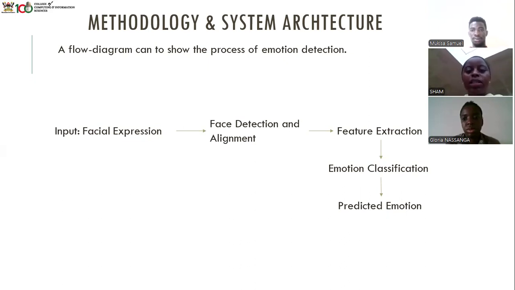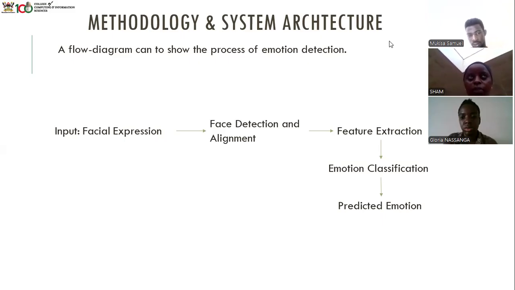Explaining the methodology and system architecture. For our system, the input would be the facial expressions, whereby the system feeds the psychological state into the system. Like it can look at the brain activity, then relate it to maybe the heart rate, the stress levels, so that it's able to identify the current mood that its user is in. Then the second step would be face detection and alignment.